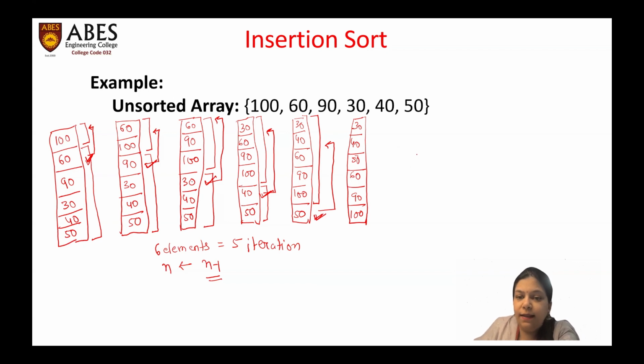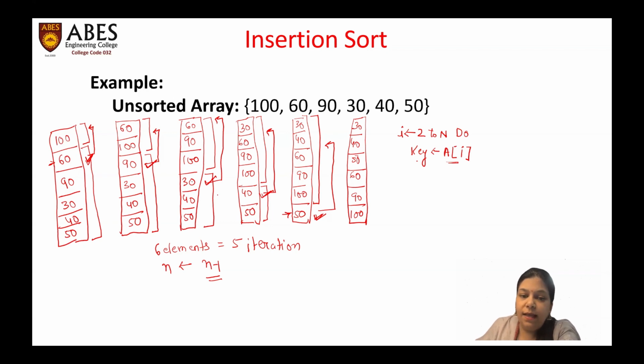So I can say that we have taken a variable key and we have placed one element, A of i, into this key, where i begins from the second index and goes till the last index. So i takes up the values from 2 to n. And what we have to do here is place the element A[i] into another variable key.